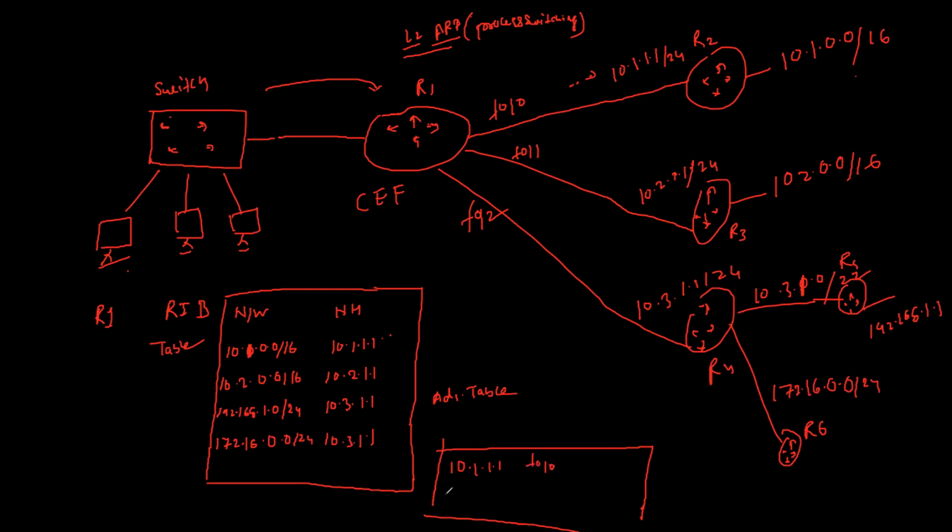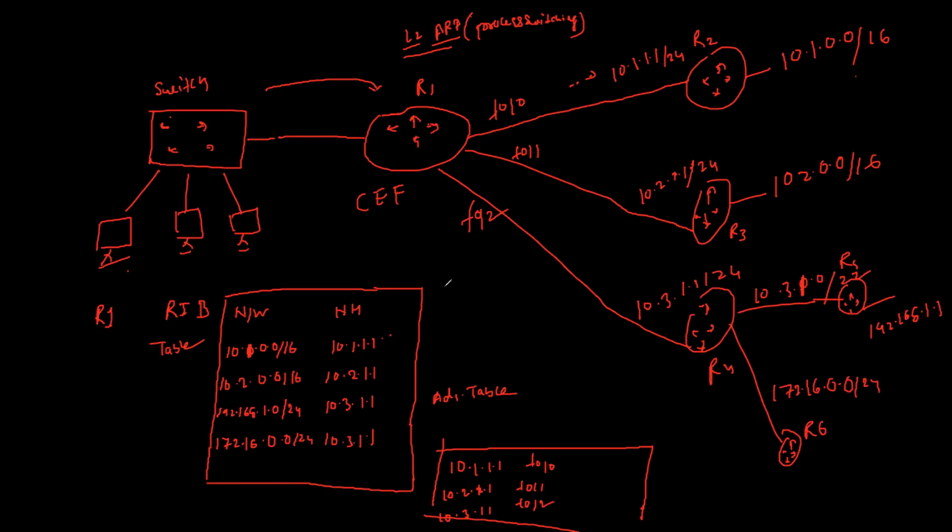F0/0 interface. 10.2.1.1 connected to which interface? F0/1 interface. And 10.3.1.1 connected to which interface? F0/2 interface. This is the adjacency table.